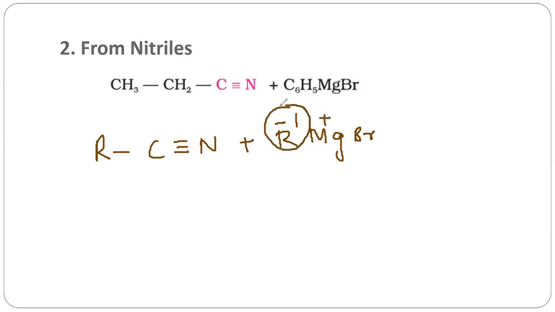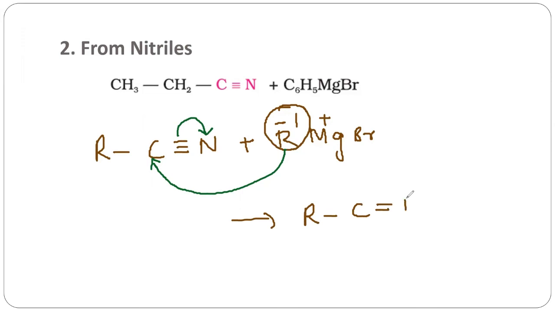The R dash minus will come and attack this carbon because carbon is attached to a nitrogen. Obviously, nitrogen will have a small negative charge, carbon will have a positive charge because nitrogen is more electronegative. So the R dash minus group will come and attack the carbon and these electrons will shift here.